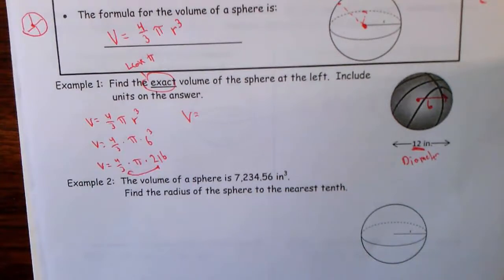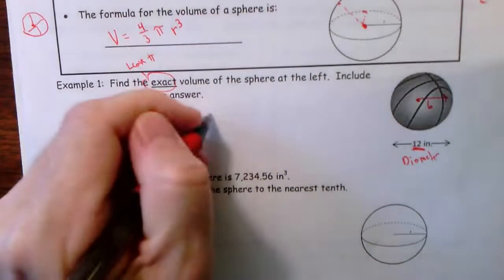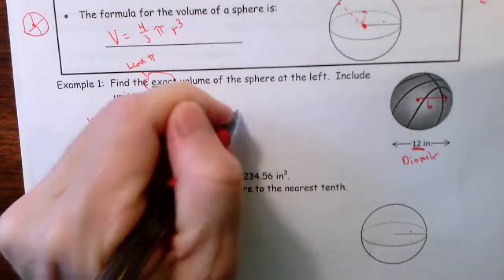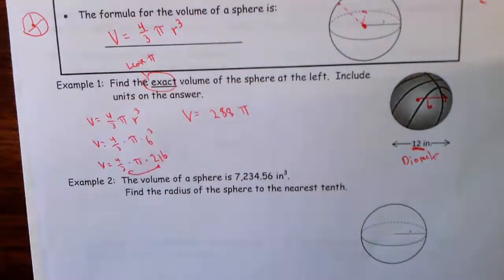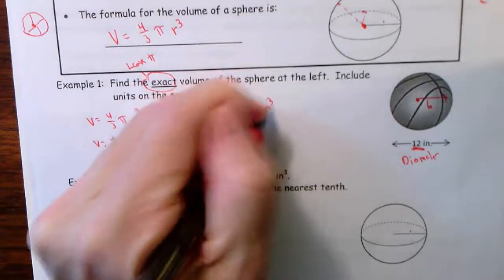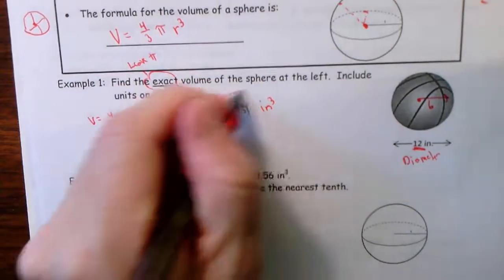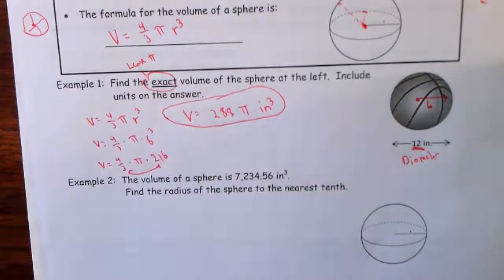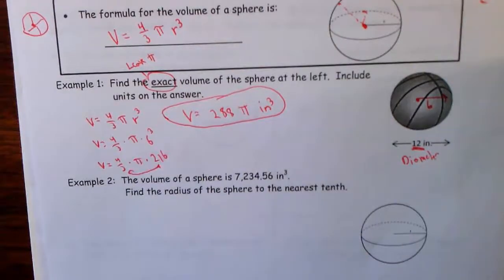You could do 216 times 4, get an answer, divide by 3, and that would be the same as doing 216 times 4/3. In either case, you should get 288, and you still have the pi on there. And since this is in inches, it is in cubic inches. And the volume of the basketball is 288 pi cubic inches.